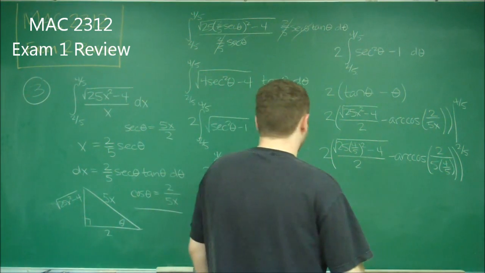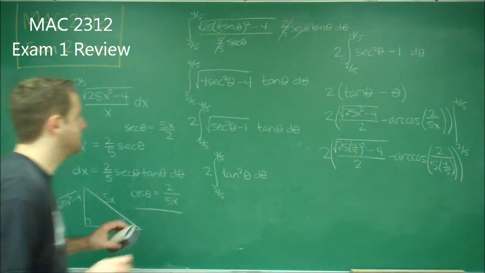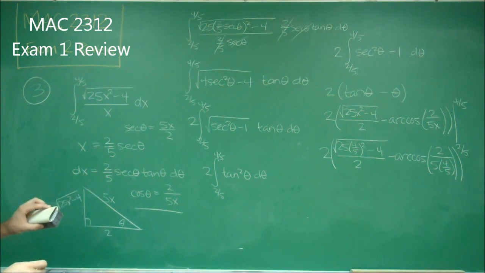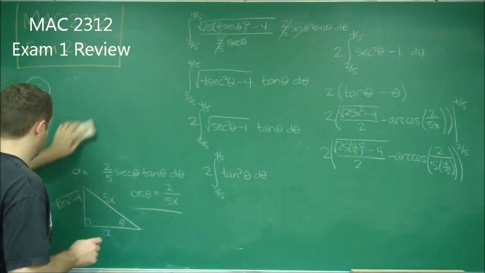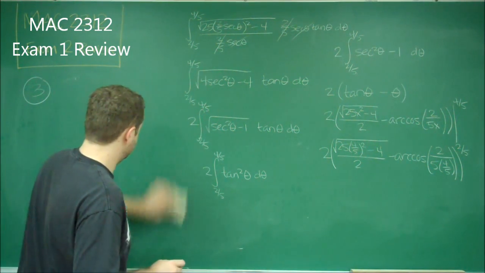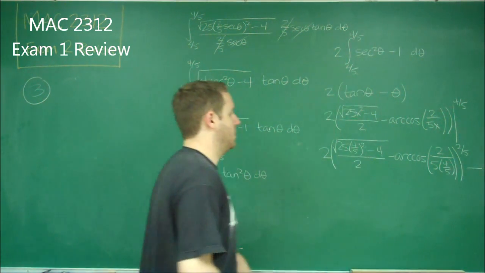Actually, let me just write the one for 2/5 as well, and then we can subtract them. So this would be minus what we get when we plug in 2/5.